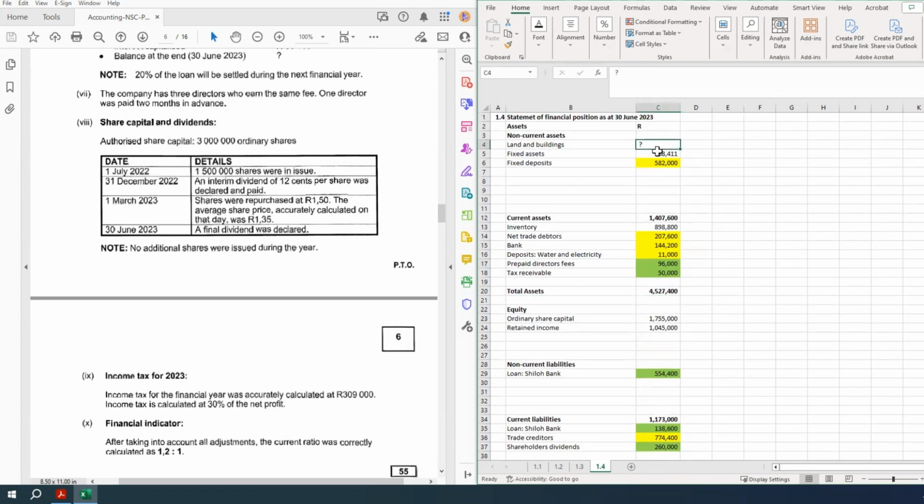All right, so then the one thing that is missing is the land and buildings. So this is equal to, if I take the total assets, and I deduct my current assets, and then I take out fixed deposits as well as fixed assets, then essentially that gives me my non-current land and buildings.